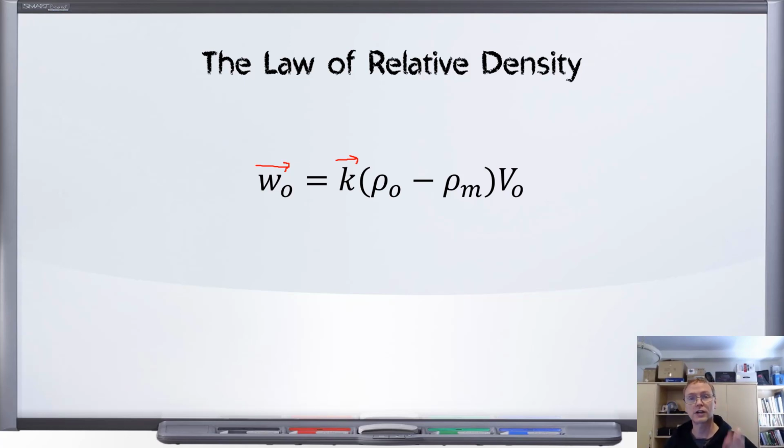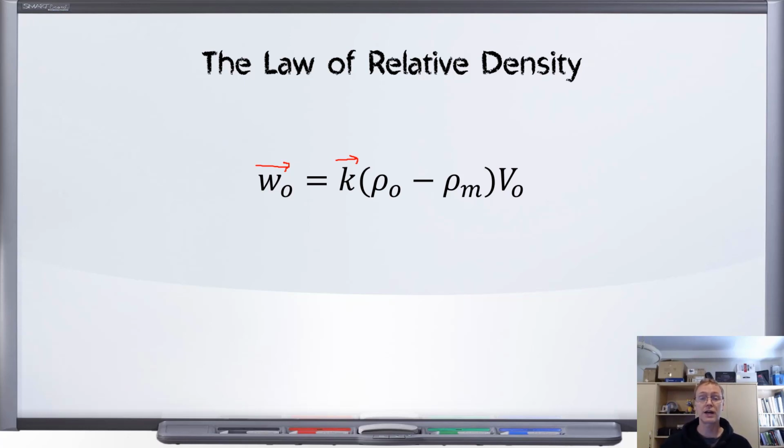This is a directional formula, and it will continue to work. We will simply measure K, which we found to have 1 gram of force per gram of mass. We will also measure the direction of that gram of force. That direction is down. If rho sub O is greater than rho sub M, the weight will point downward. If rho sub O is less than rho sub M, that weight will point upward, the opposite of downward.